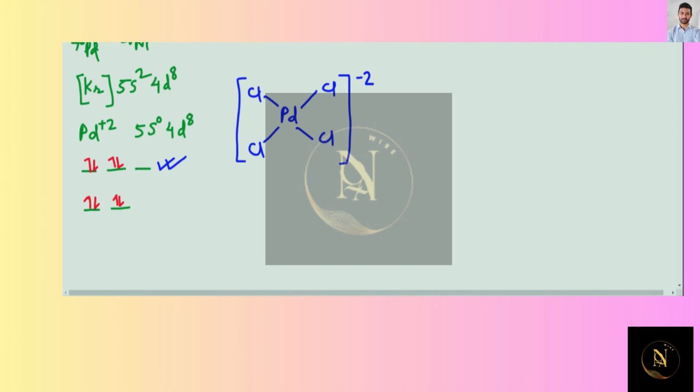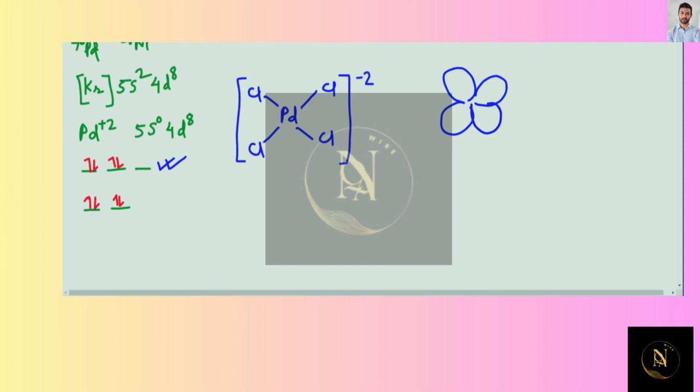So we can give 2 reasons to explain why, in spite of chlorine being a weak field ligand, the palladium complex acquires a square planar geometry and dsp2 hybridization.